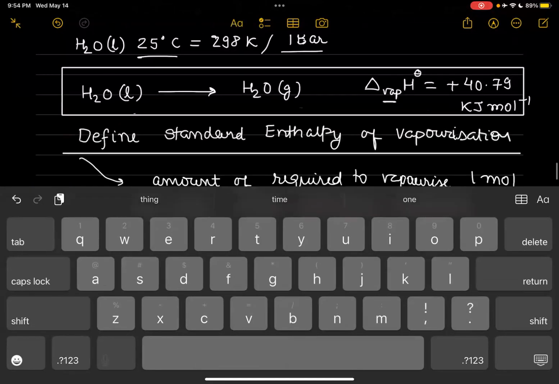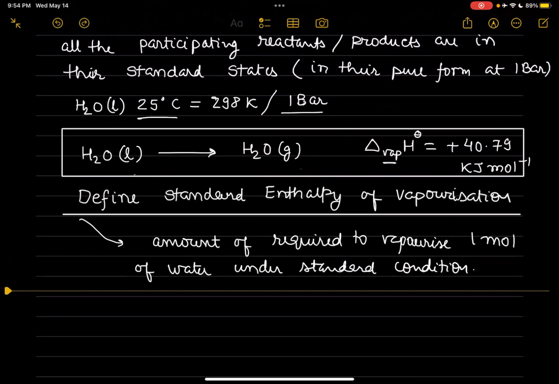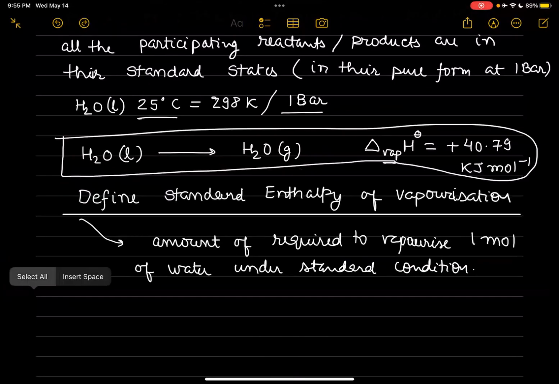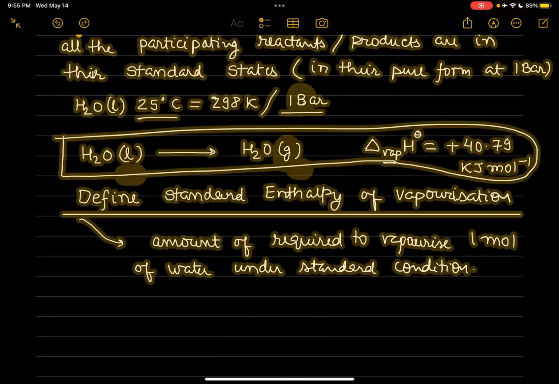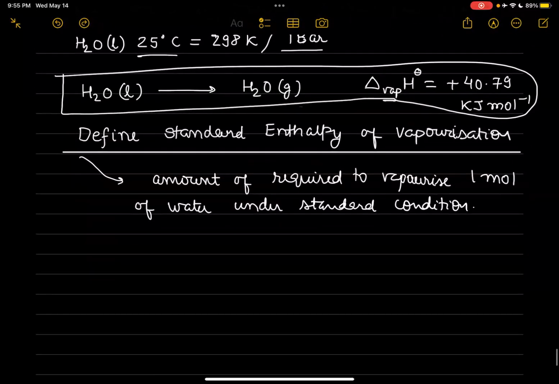So this representation is known as thermochemical equation, and it is like the mathematical equations, as you can see. This mathematical equation is basically used to add or subtract to get the value of a new equation. That we will do in a while.